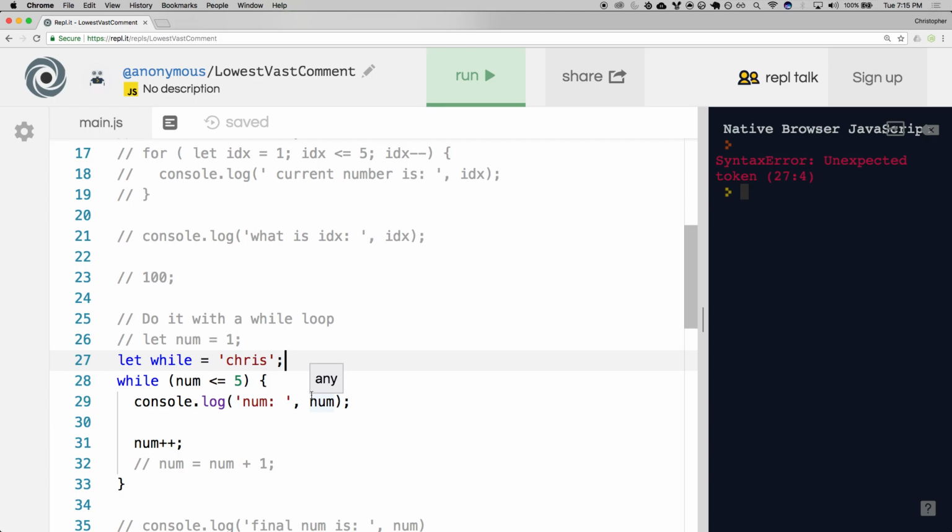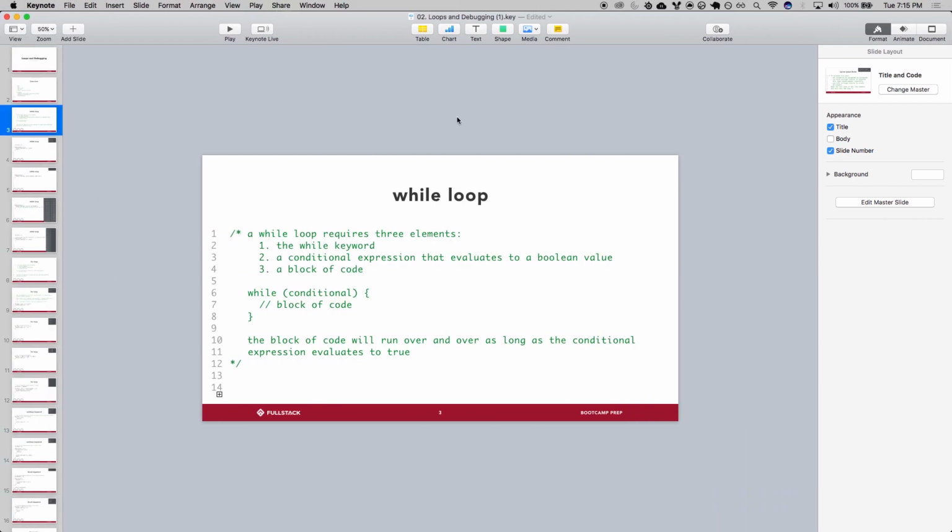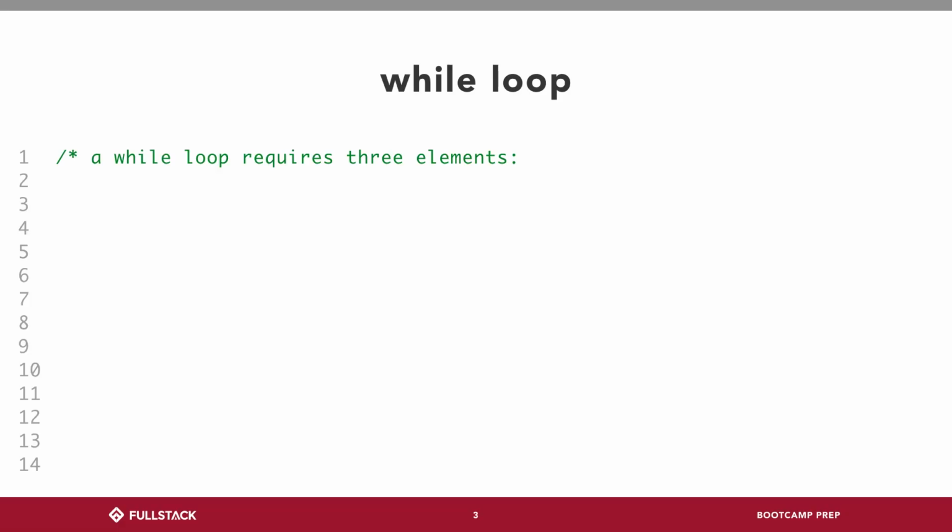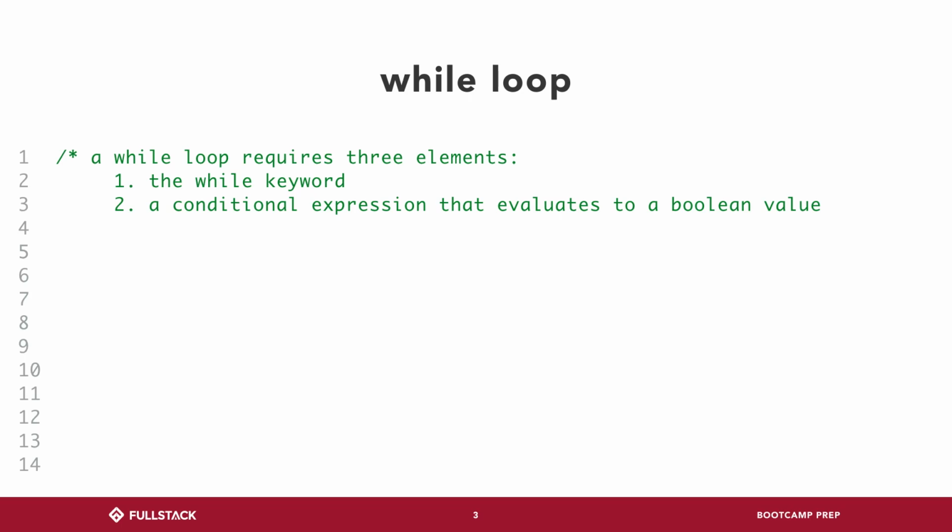That's why over here it says unexpected token, and this is saying it happened on line 27. If we look at line 27, we see, yeah, this blue while is a problem. So that's what they mean when they say the while keyword. Any JavaScript keywords that you can't use will show up in blue or whatever color is in your editor.